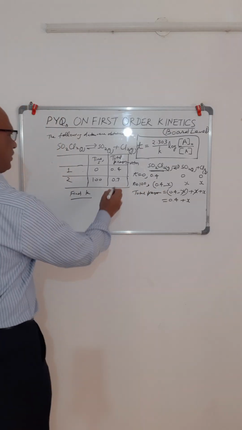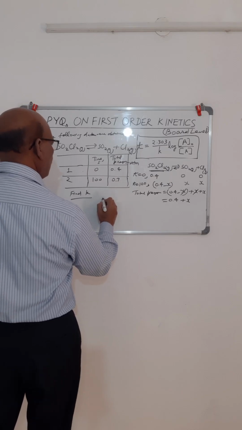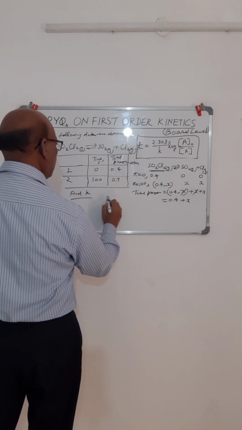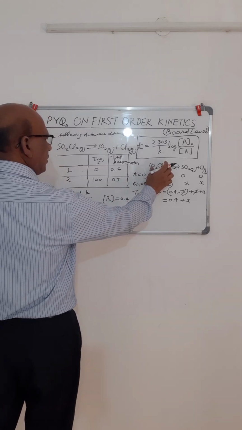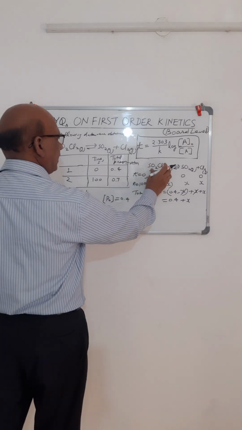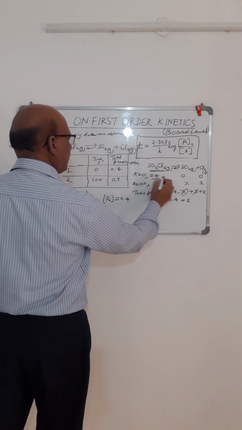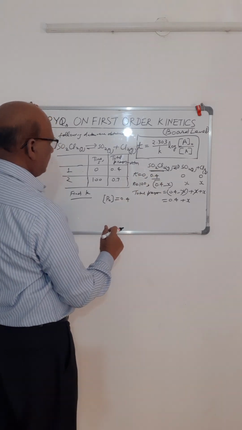Okay. Now we have to apply this formula. For that we need to know the initial pressure. Initial pressure of SO2Cl2 was 0.4 atmosphere. अभी हमें देखना है कि SO2Cl2 का फाइनल प्रेशर कितना है.